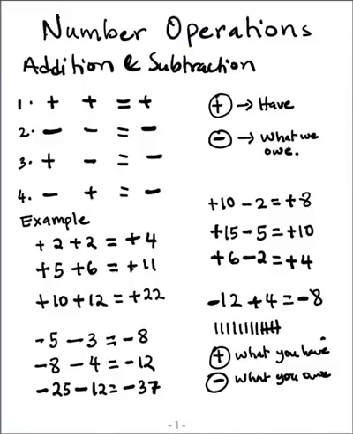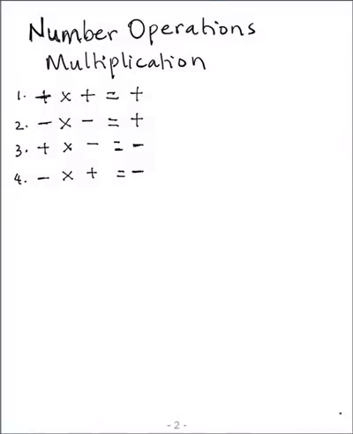In our previous video, we talked about number operation, addition and subtraction. And you can see how we can add numbers with positive and negative signs together. In this video, we're going to take a step further by looking at multiplication for number operation.